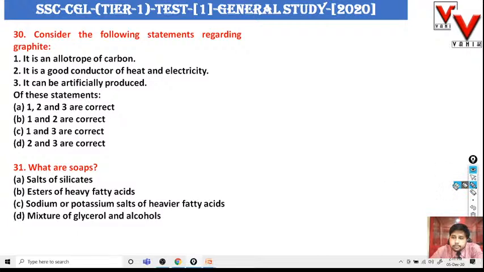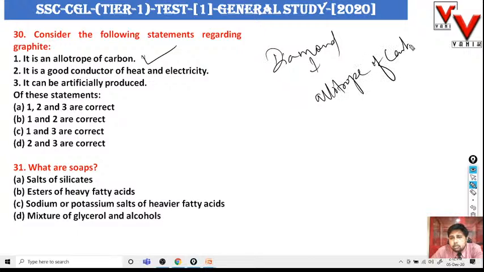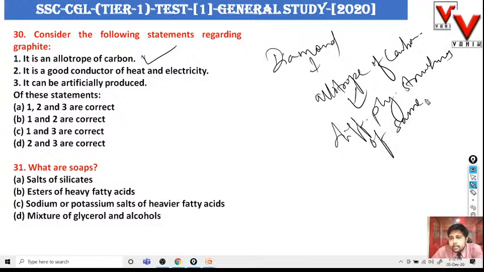Question number 30. Consider the following statements regarding graphite. It is an allotrope of carbon. Yes, 100% true. Even diamond is also an allotrope of carbon. Allotrope means different physical structures of the same element or compound.